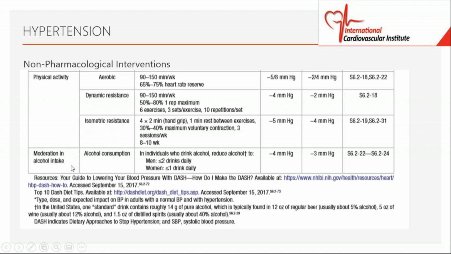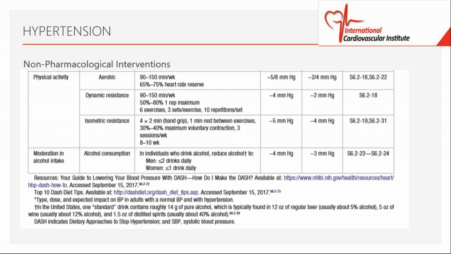And then when we talk about alcohol consumption, remember the recommendation is not more than 14 milligrams of alcohol per day. A beer is 12 ounces, at roughly 5% alcohol.